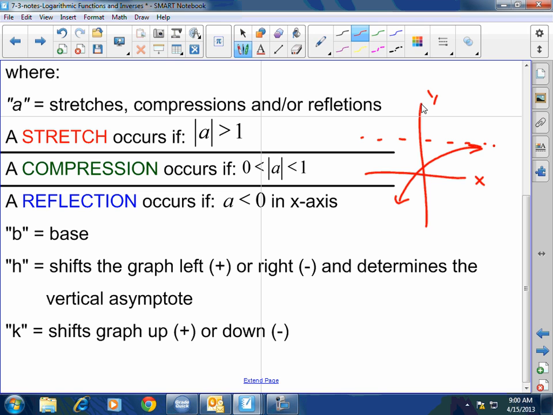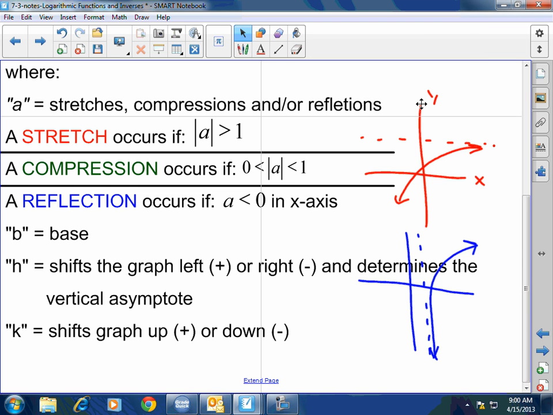Remember, we're talking about inverses now. So a logarithm will have a vertical asymptote. Why? They're inverses. The x's switch places with the y's. So the h is going to determine your asymptote. And of course, the k shifts the graph up or down.